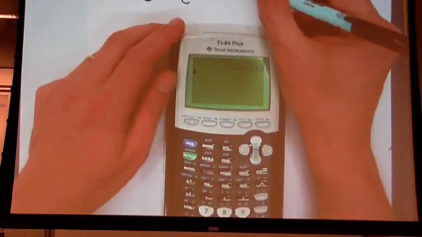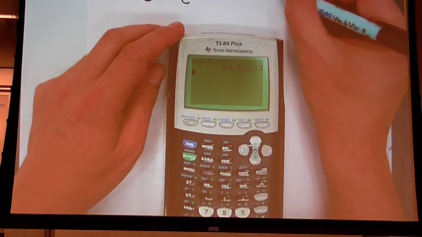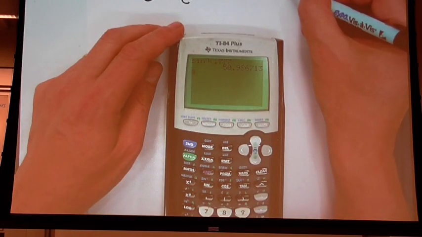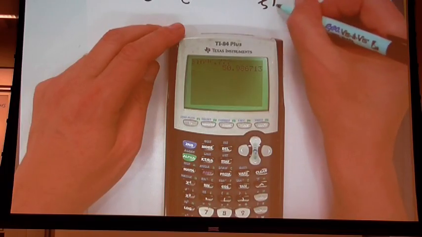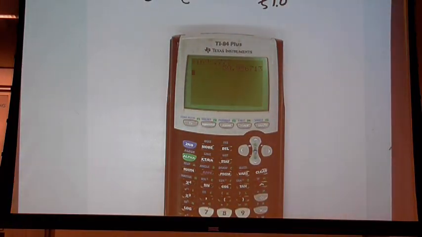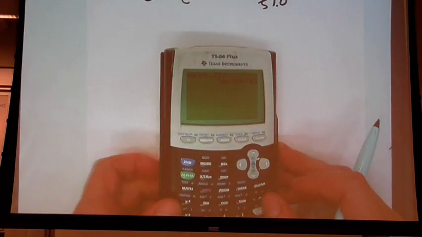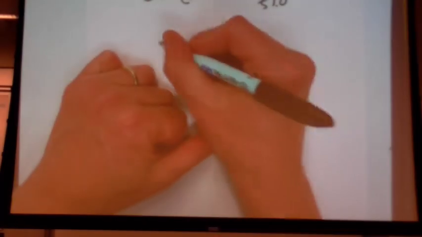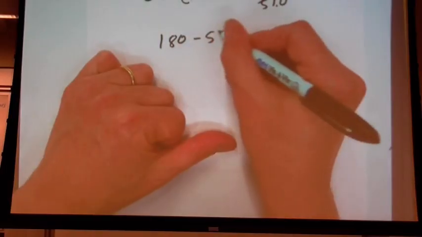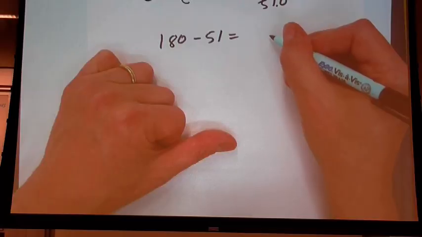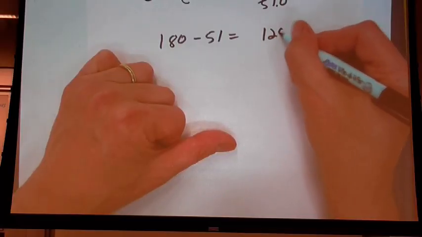All right, so I get a principal value of 51.0. By now you should realize we want the supplement of that angle, 180 minus 51, so that's going to be 129.